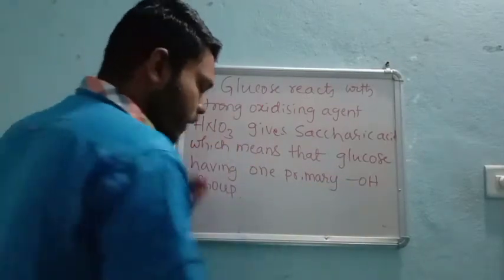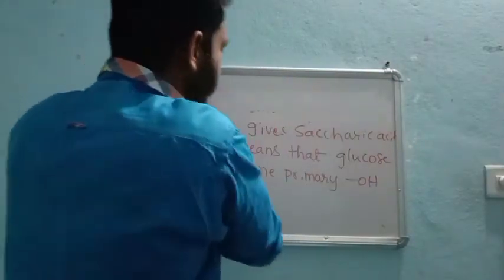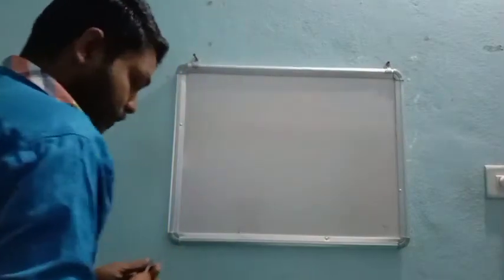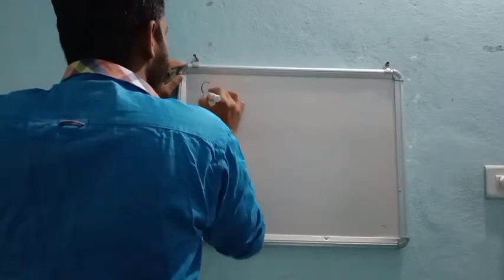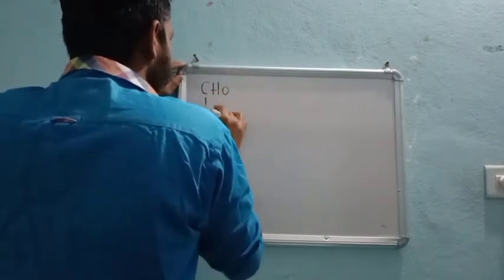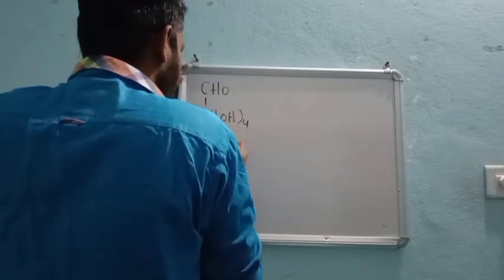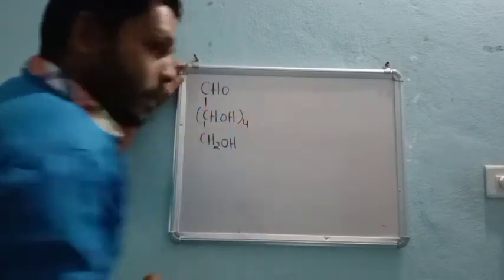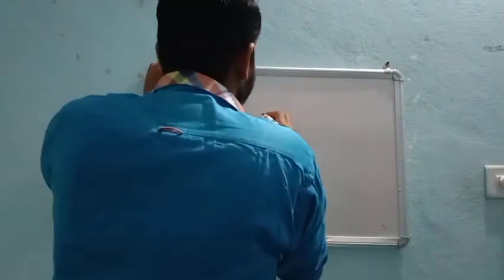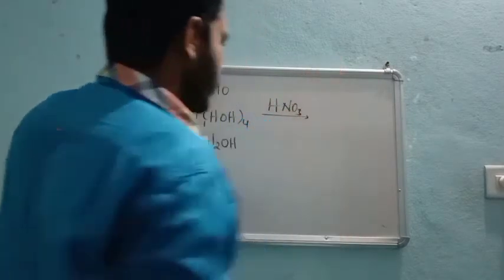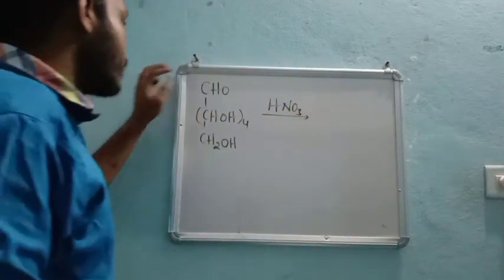How? We will see now. Take glucose again, with CHOH four times and then CH2OH. If I react this with nitric acid, a strong oxidizing agent, remember these points, very important.